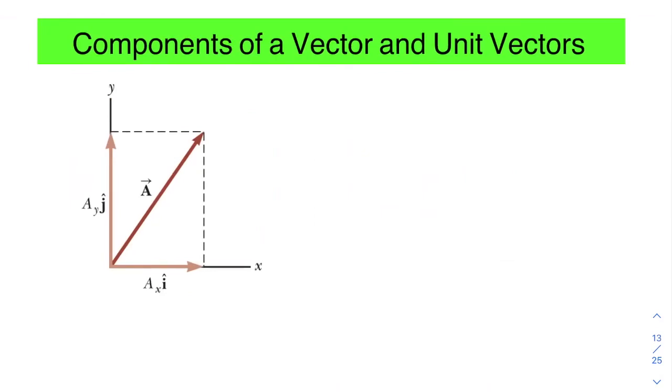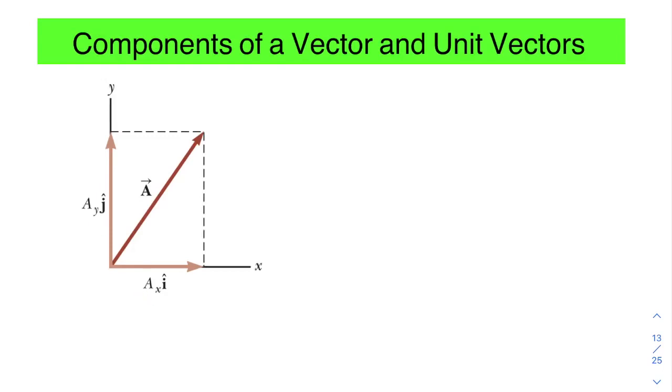Next is the components of a single vector. For a single vector, the components can be drawn this way. Let's say you have a vector A, drawn like this. This vector A has a component of x and also a component of y.